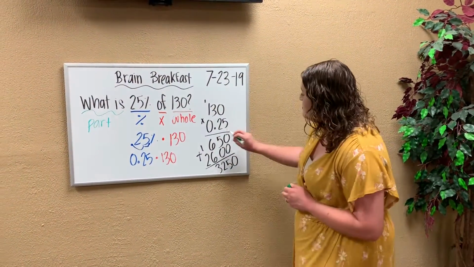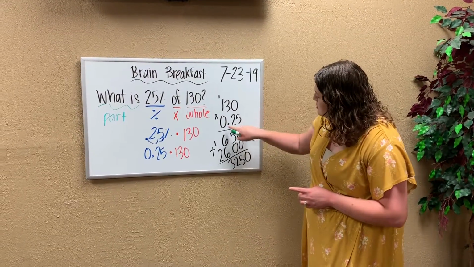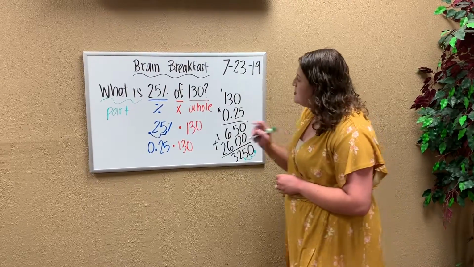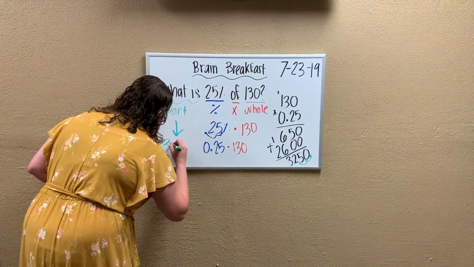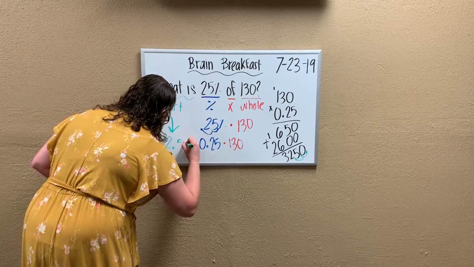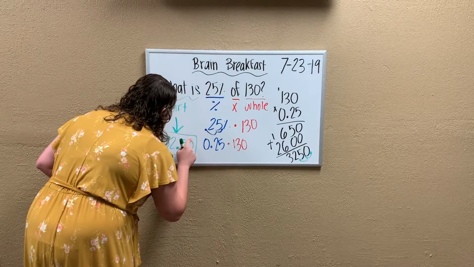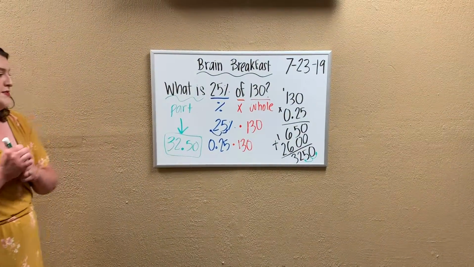I'm going to have to move my decimal. So right here, I have 1, 2. I need to move my decimal point 1, 2, which means my "what is," my part, my final answer is 32.50. Just like that. And you don't have to add the 0 at the end. That's up to you. You can, you don't have to.